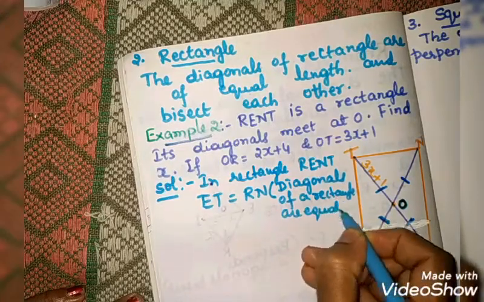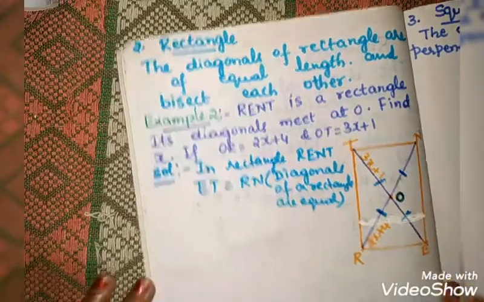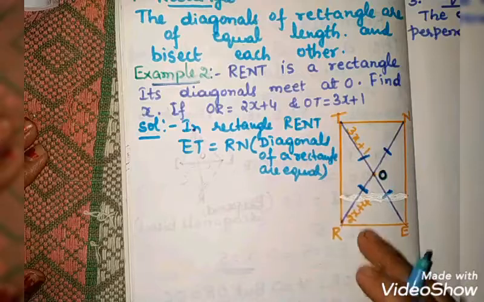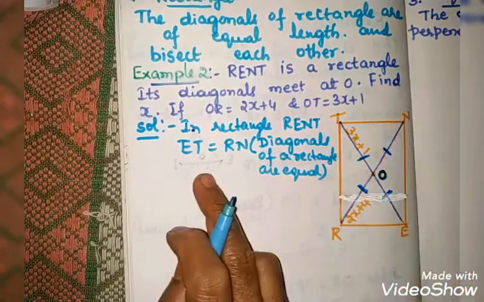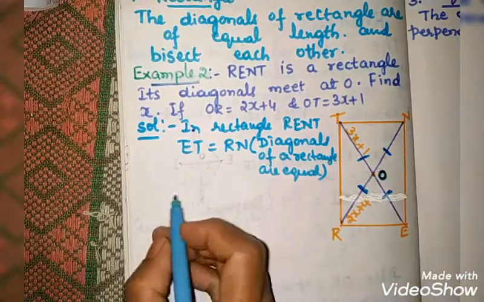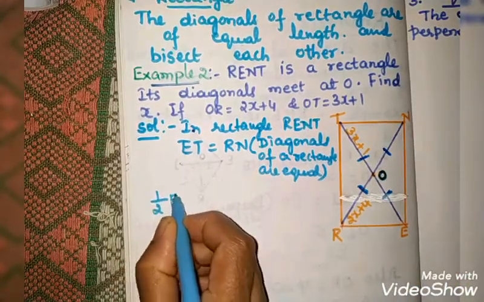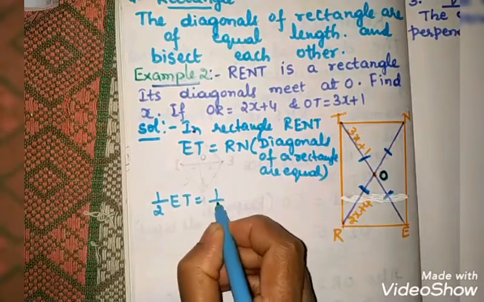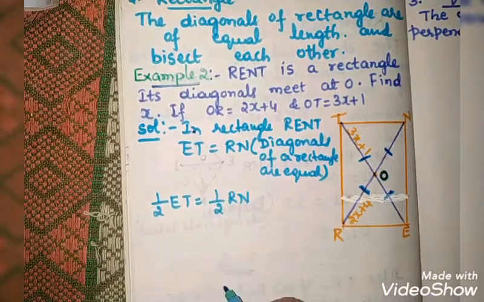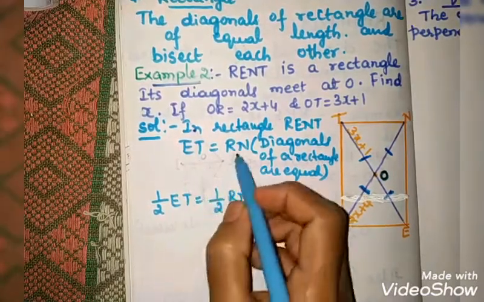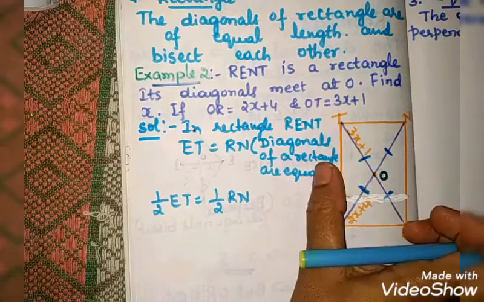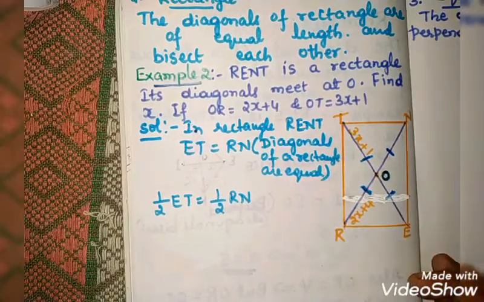RENT is a rectangle, so its diagonals are equal. Then, half of ET is equal to half of RN. Correct, children? Obviously, their halves are also equal. If the whole is equal, their halves are also equal.